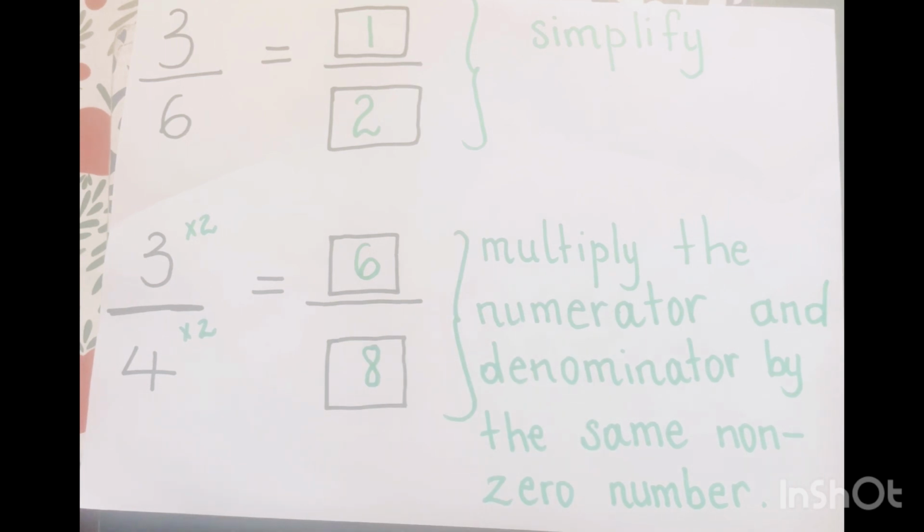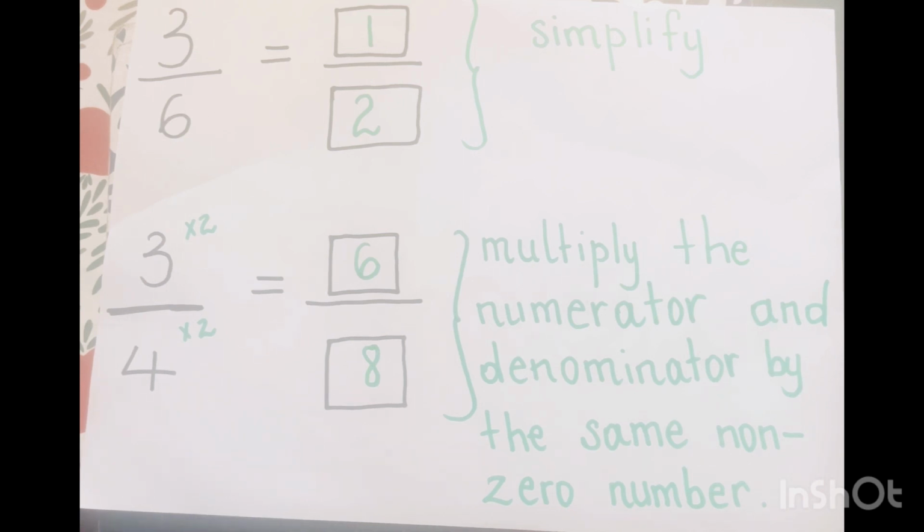So remember the two things I just said. We're able to simplify, and we're also able to multiply the numerator and denominator by the same non-zero number. And always remember, a fraction in which the numerator is half of the denominator is automatically equivalent to half. Hopefully, this helped someone.